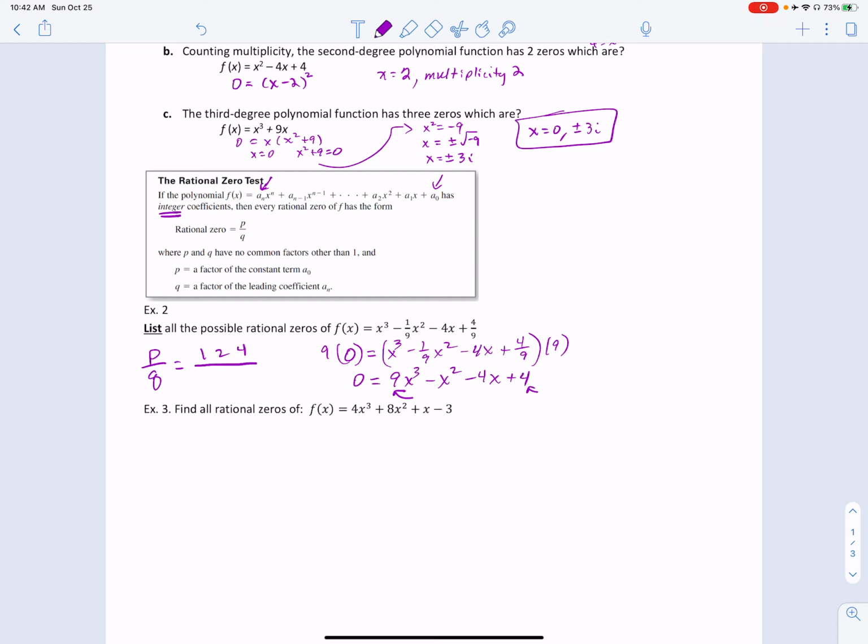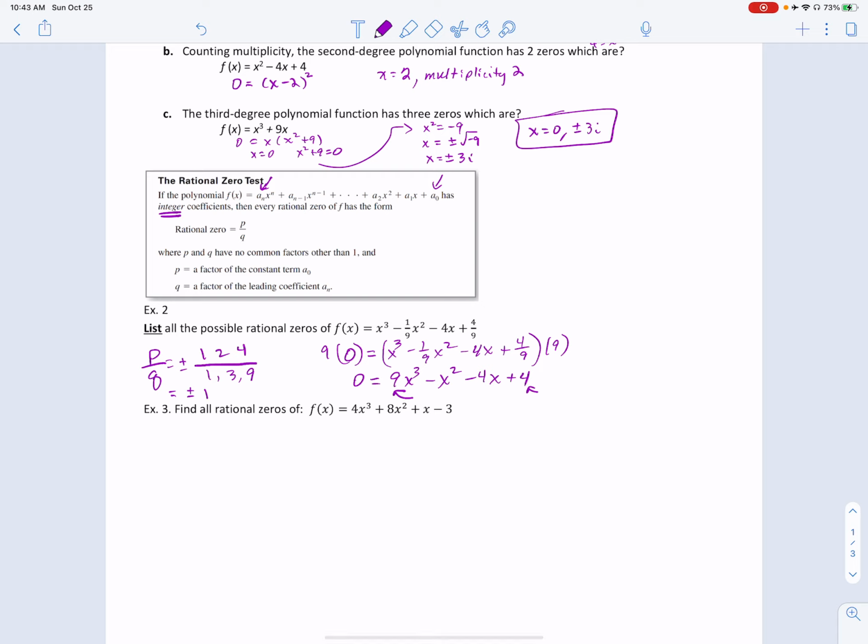And factors of 9 are 1, 3, and 9. And on all of these, the possible rational roots are positive or negative. And so if I take all the possibilities, I have to take each factor of 4, the 1, the 2, and the 4, and put them over the 1, the 3, and the 9.